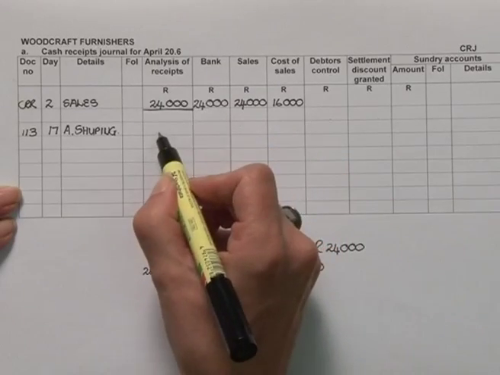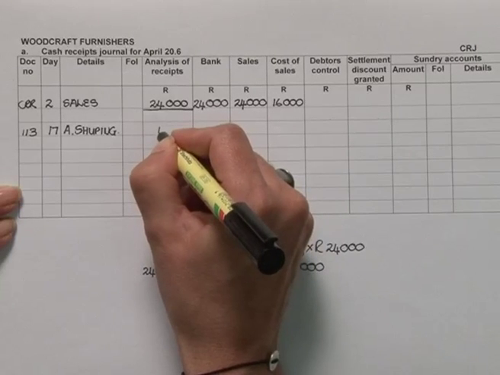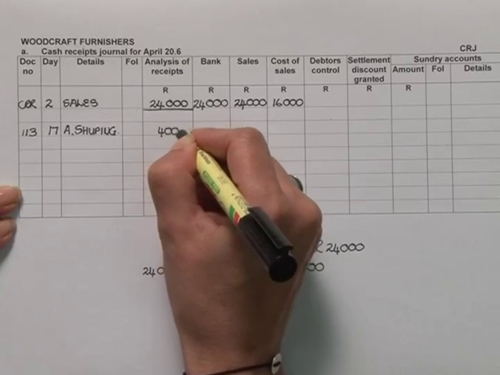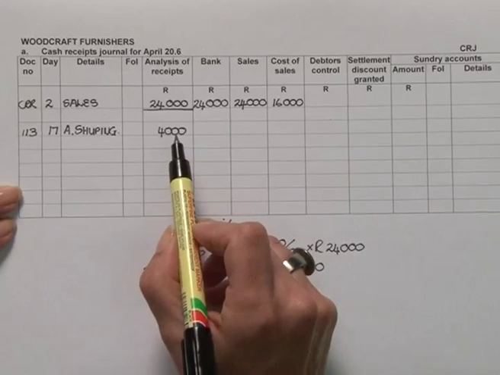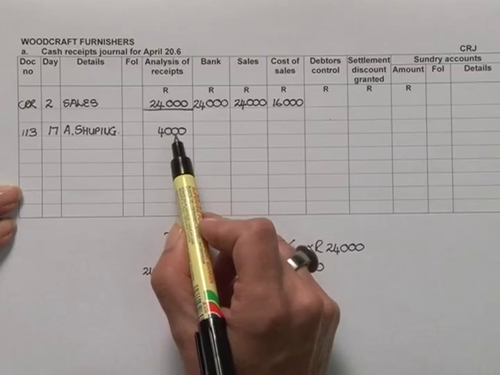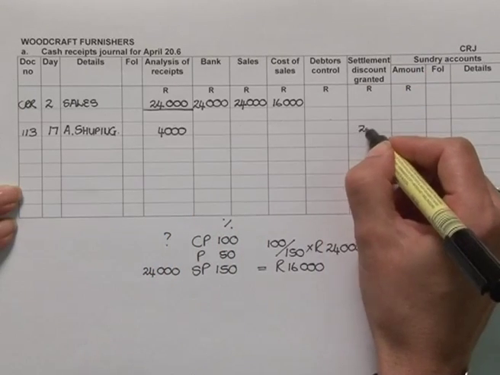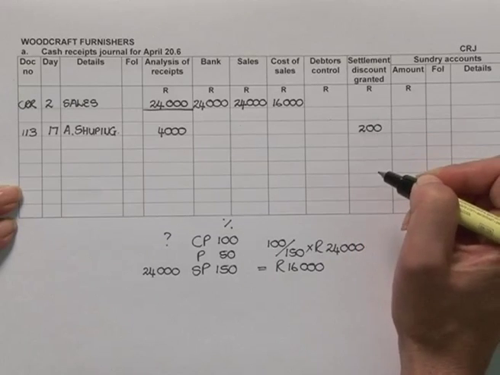In our bank column, in other words, in our till, we will just put the cash amount, which was the 4,000 Rand. If we then calculate the discount on this receipt amount, that will be 5% of the 4,000, resulting in a settlement discount granted of 200 Rand.